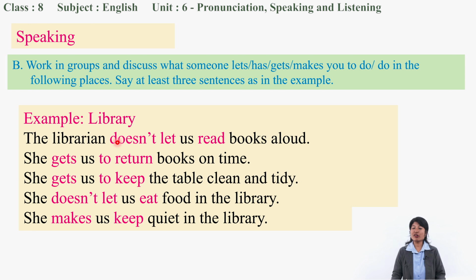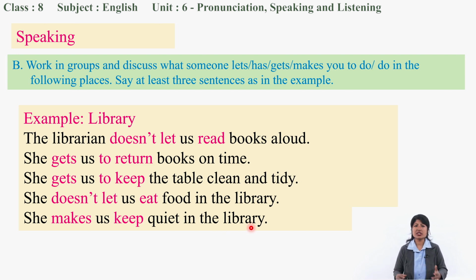In the library, obviously, who's there? Librarian, right? The librarian does not let us read books aloud. She gets us to return books on time. She gets us to keep the table clean and tidy. She does not let us eat food in the library. She makes us keep quiet in the library.